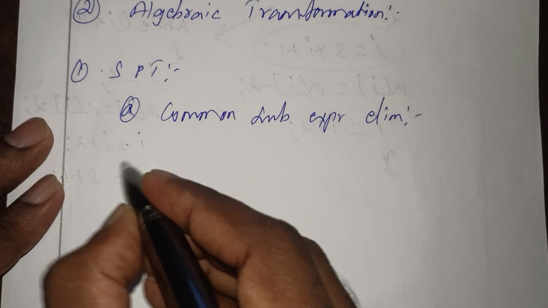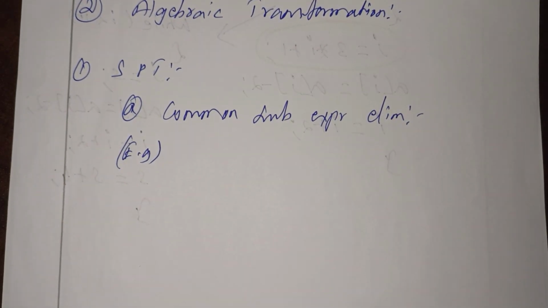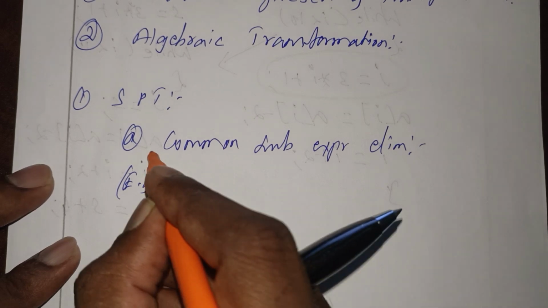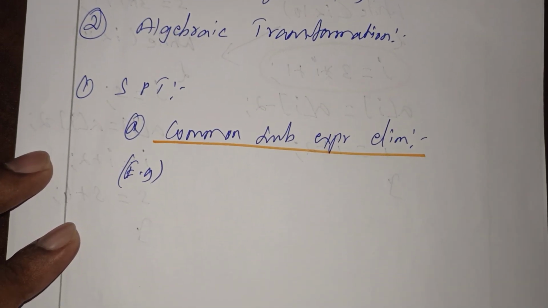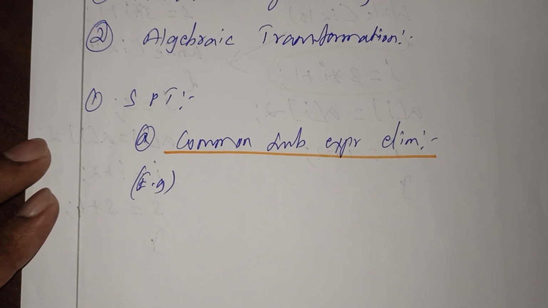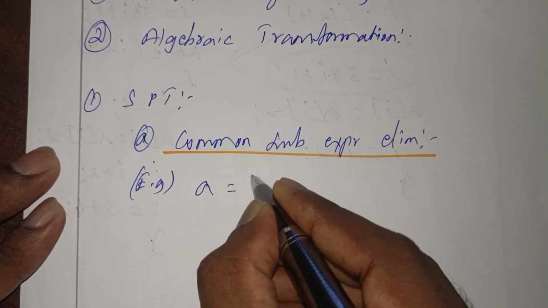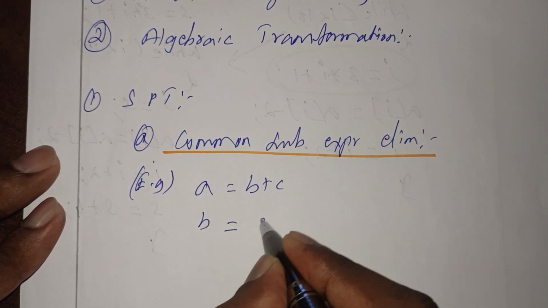For the best example, in common expression elimination, the same value which is repeated twice in different ways can be eliminated. It is going to play a very important role in OO applications, that is, object-oriented processes.